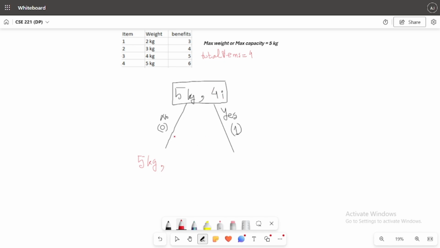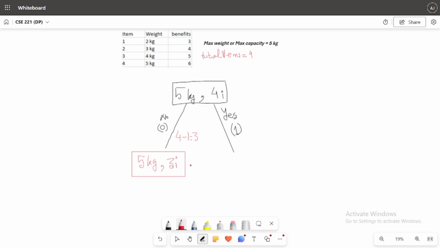And in the previous video I have told you that there is a chance that there is still an item left in our bag, right? There is still a chance. So what we will do is 4 minus 1, it will be 3, right? So it will be 3. Now that is 3I.